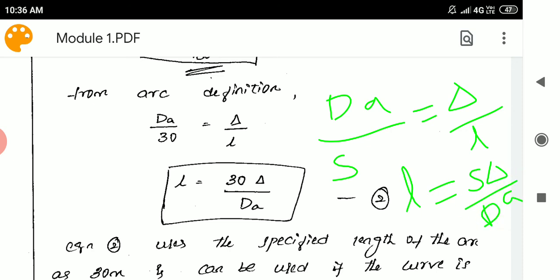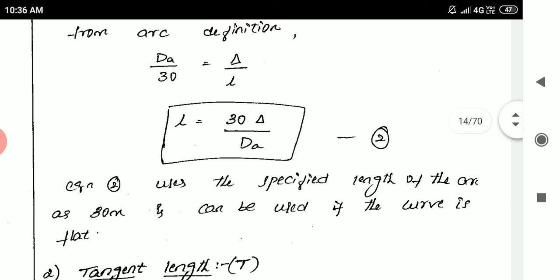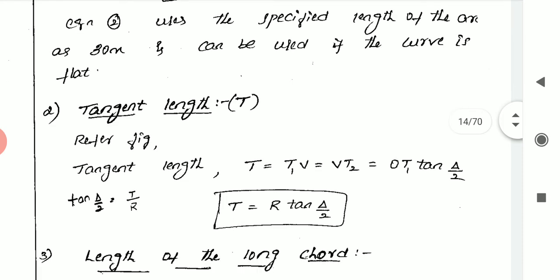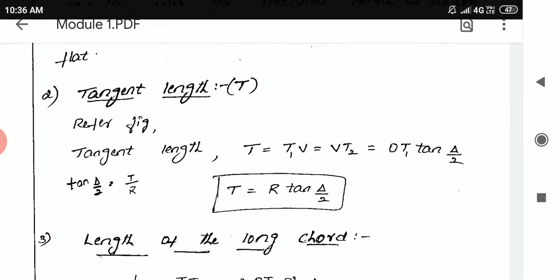This is the length of the curve. Next concept is tangent length.